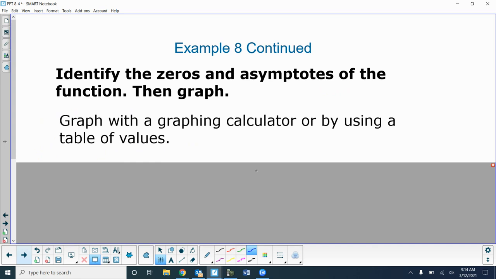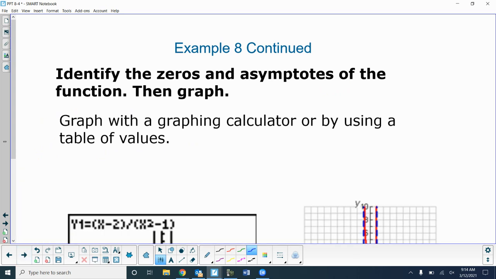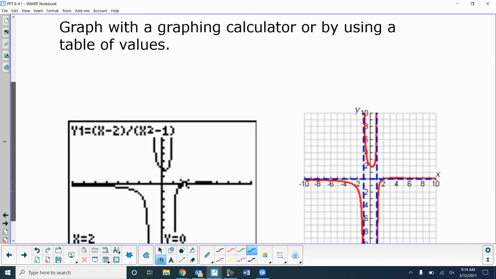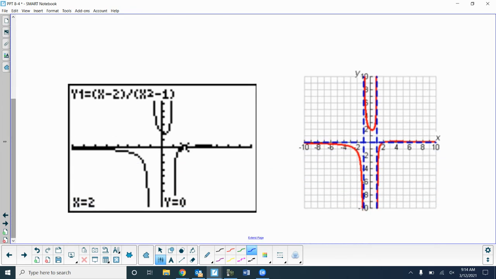I think this has the picture of it. There it is. Horizontal was on the x-axis. Vertical is 1 and -1. So that's what it looks like in your calculator. Sometimes it will cross the horizontal. This one crossed, it looks like. That's okay. So, learn those rules.